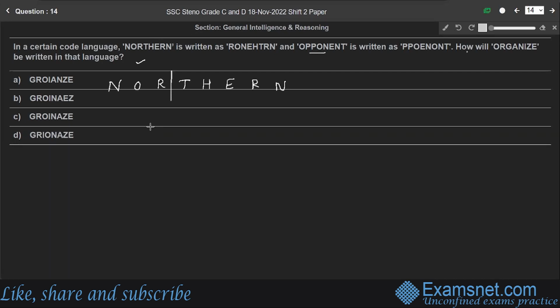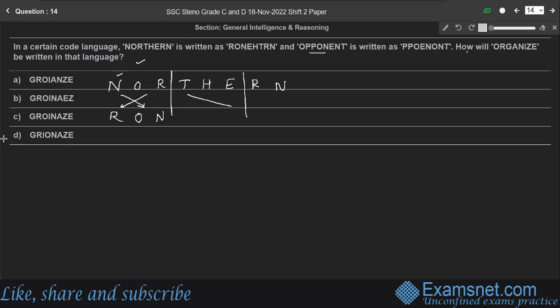To find the code, we'll split the given word into 3 parts: first 3 letters, the second 3 letters, and last 2 letters. The first 3 letters are written in reverse manner. That means N is written in third place, O as it is in the middle place, and R is written in the first place. NOR should be written as RON.